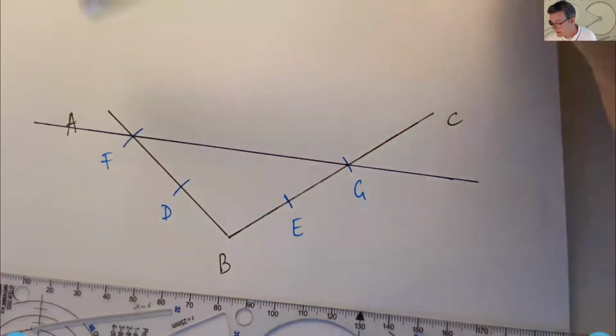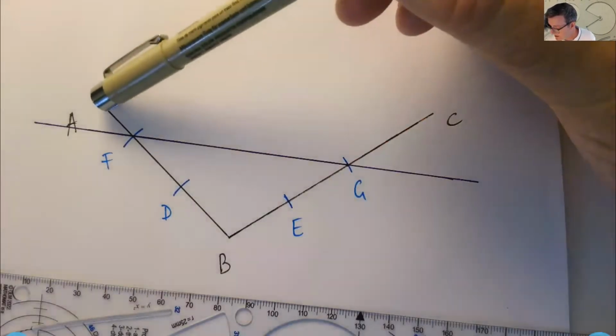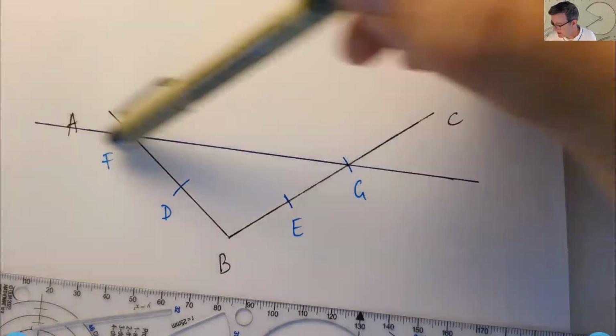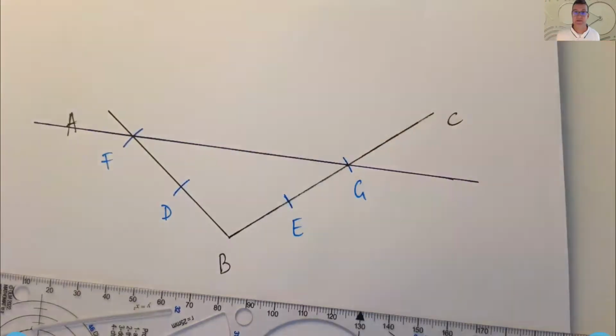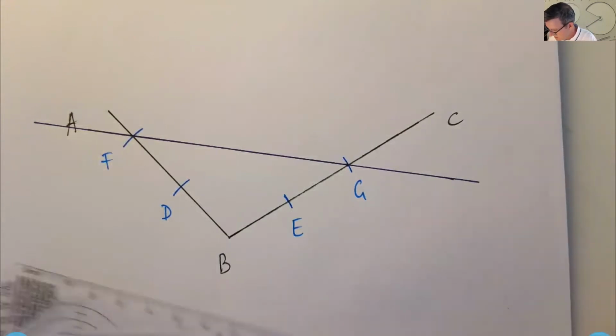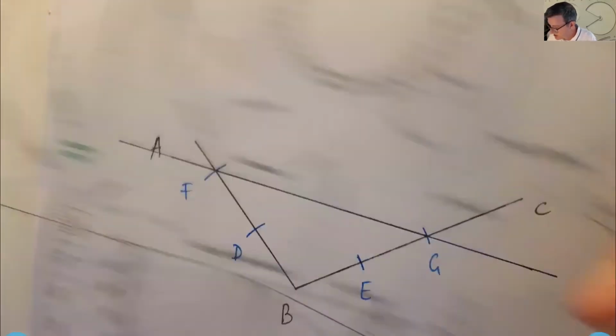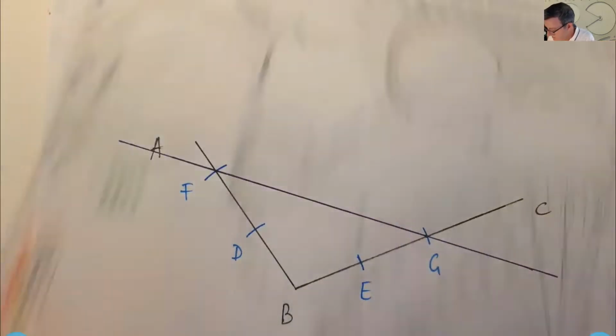So it's the same here. We want a parallel line through A that's parallel to this line segment. Okay, so let's do it. Let me choose brown. And if you haven't seen that video, that's fine, but let me just show you how we can do it.